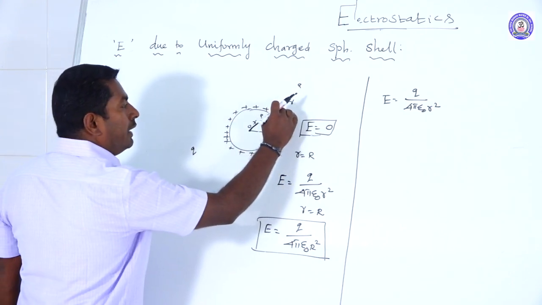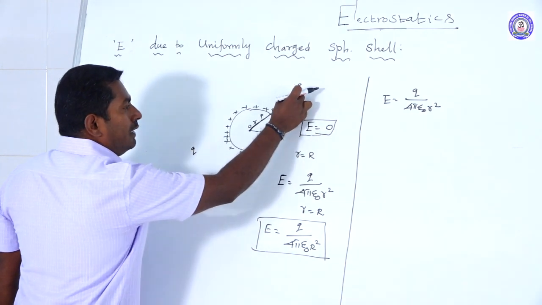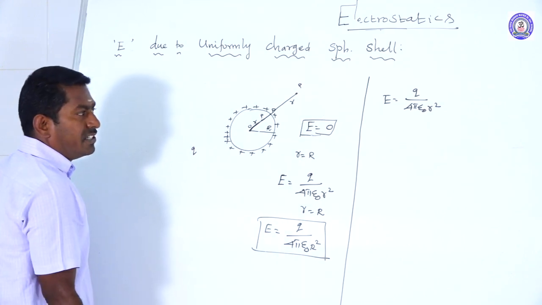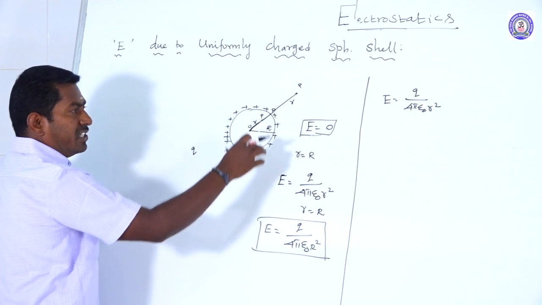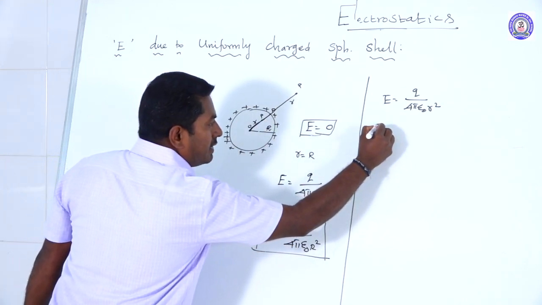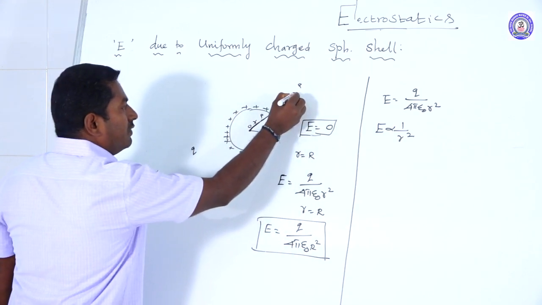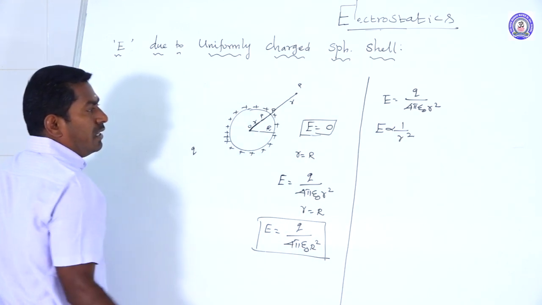If we assume a point outside the shell and the distance of the point from the surface increases, then the electric field produced by the shell goes on decreasing, because E is inversely proportional to the square of the distance of the point P from the center of the shell.